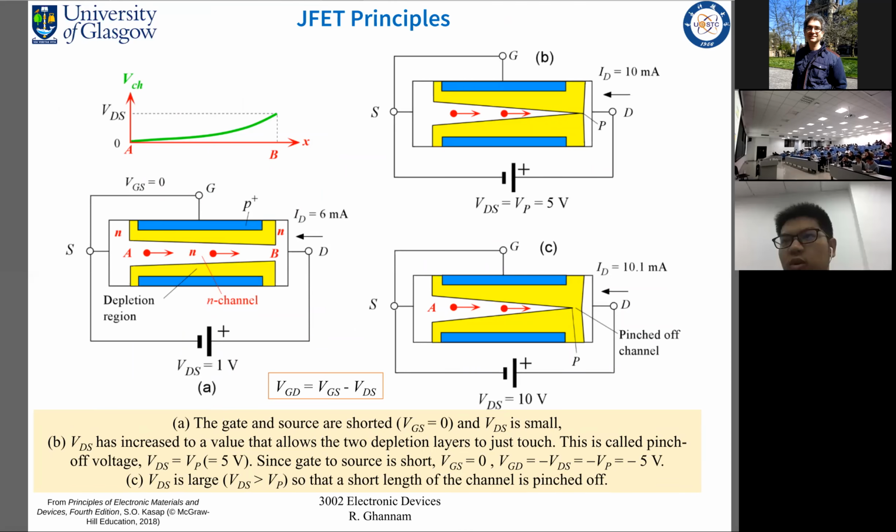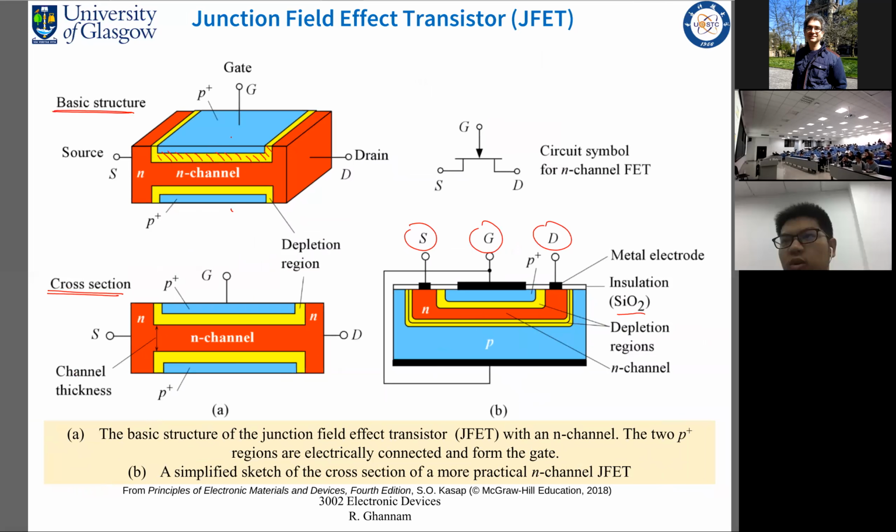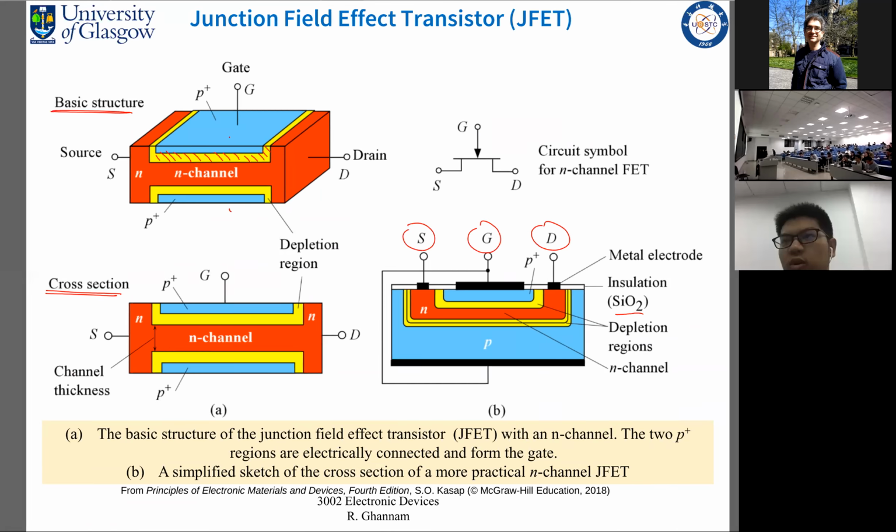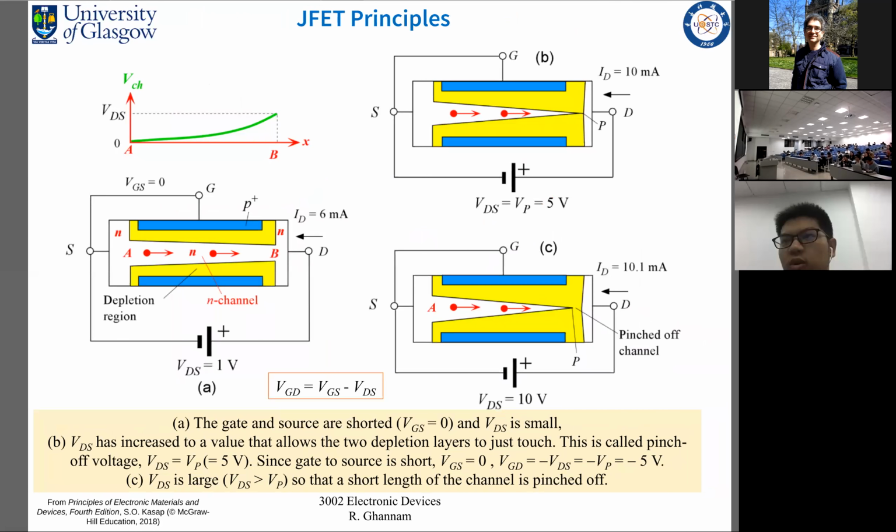Here we just mentioned what happens in equilibrium conditions: when there is no voltage applied between the gate and the source, and also no voltage applied between the drain and the source. Now, what happens when we start to apply some voltages? Let's begin with a VGS of 0.